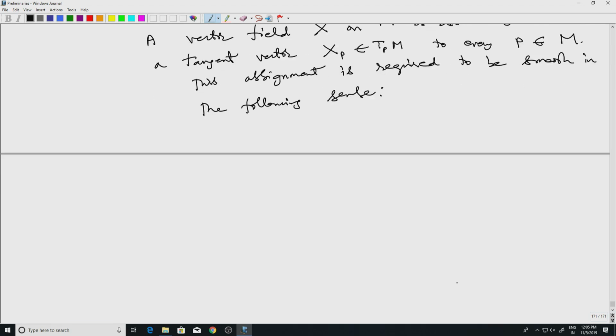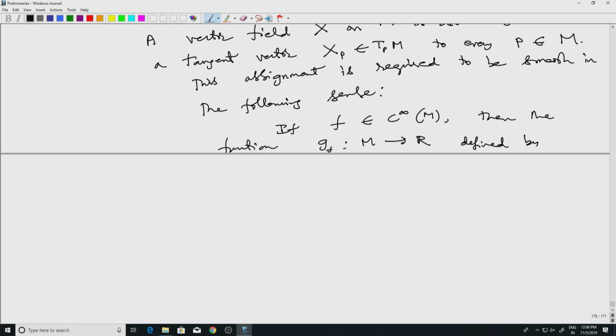So if f is a C infinity function, then the function g_f from M to R defined by g_f at a point x is, I have a vector field.